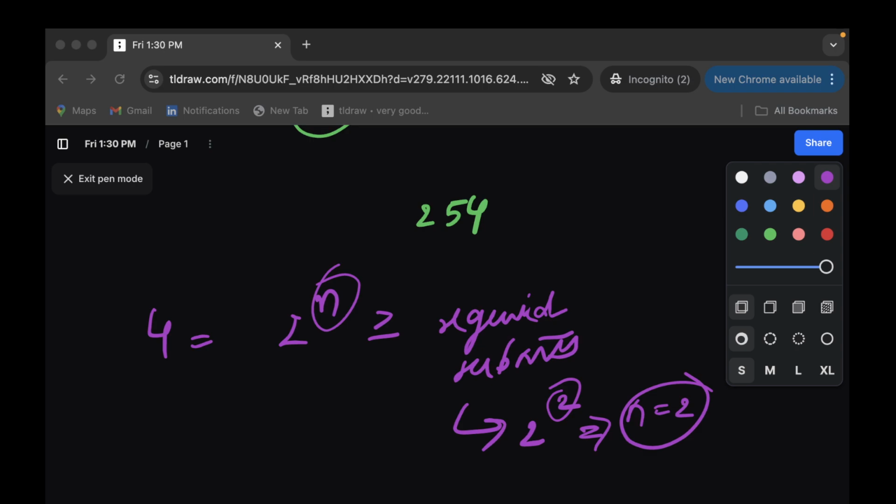Okay, now let's see subnet masks. What is masking?